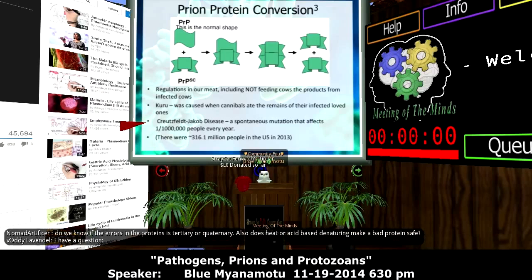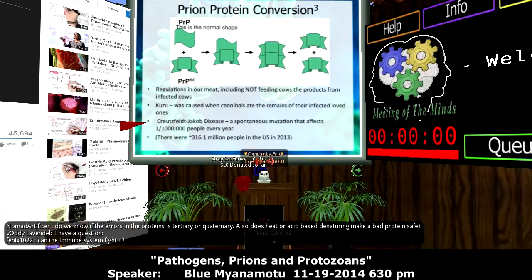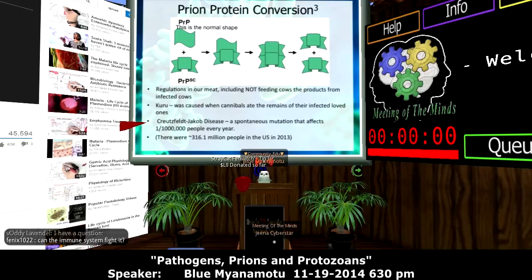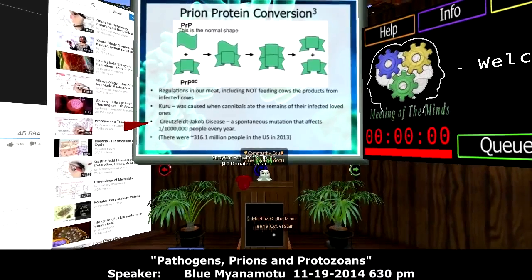Do we know if the errors in proteins is tertiary or quaternary? And also, does heat or acid-based denaturing make the bad protein safe? As far as I understand, Clint, denaturing does not make the protein safe. In fact, my understanding is that it's nearly, and Stephen, you can weigh in on this if you want, I'd almost say an immortal type of protein.